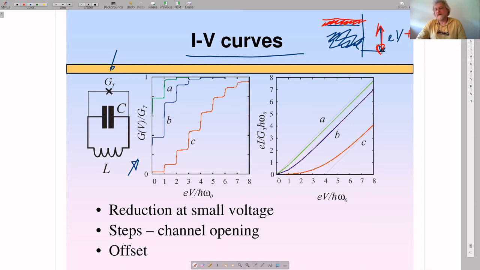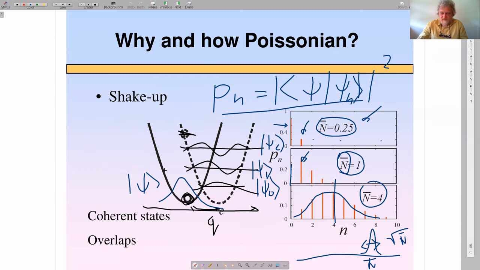So if this energy strip is smaller than h omega naught, the electrons cannot emit anything. And the current is proportional to probability P of 0. We can see it just for different values of an average corresponding to the plots I showed, these plots.